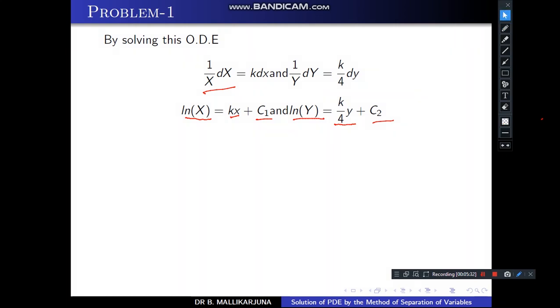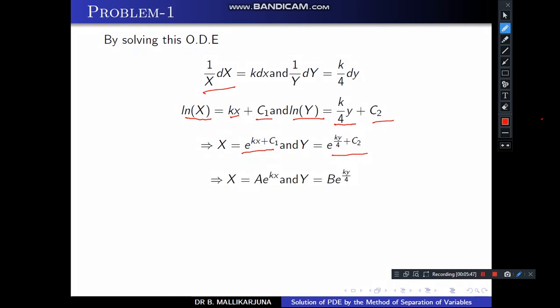Now again simplifying, X is equal to e power kx plus c1, and Y is equal to e power ky by 4 plus c2. Again simplifying, e power c1 is nothing but a, and for the second one b is nothing but e power c2.